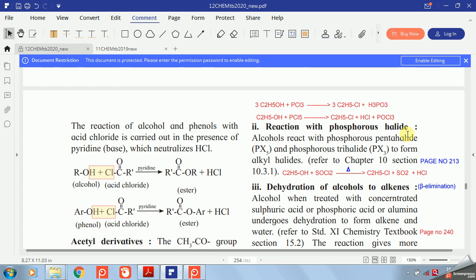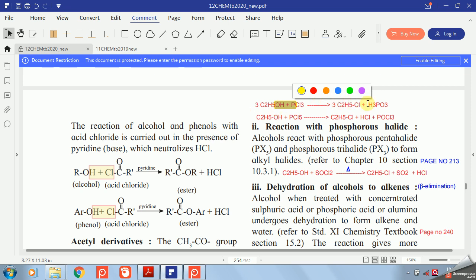So when we write the reaction of phosphorus trichloride with ethyl alcohol, then this OH gets replaced by this Cl. As in PCl3 there are 3 chlorine atoms, you have to take 3 moles of ethyl alcohol, and again you can write the reaction, this 3 OH from your alcohol react with 1 phosphorus.